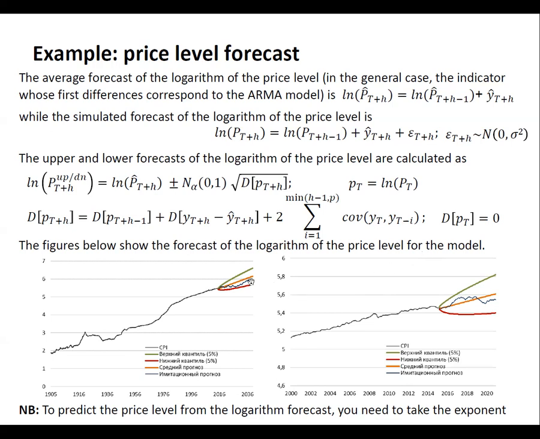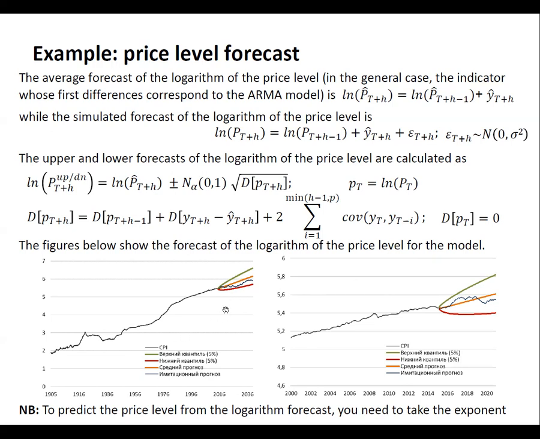The figures below show the forecast of the logarithm of the price level for the model. That is the same inflation forecast as on the previous slide. Only this is the forecast of the series of a higher level, the price level. This is the logarithm of the price level.